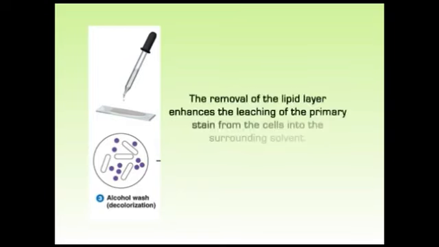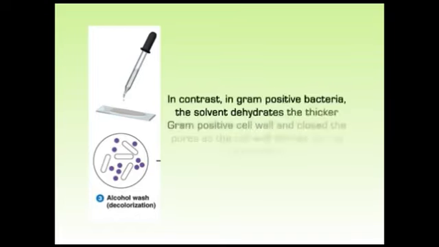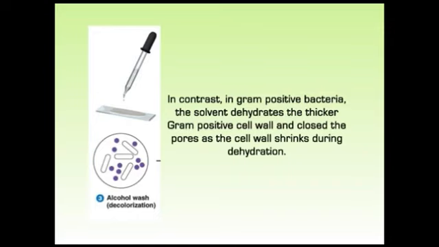And this removal of the lipid layer enhances the leaching of the primary stain from the cells into the surrounding solvent. In contrast, in gram-positive bacteria, the solvent dehydrates the thicker gram-positive cell wall and closes the pores as the cell wall shrinks during dehydration.